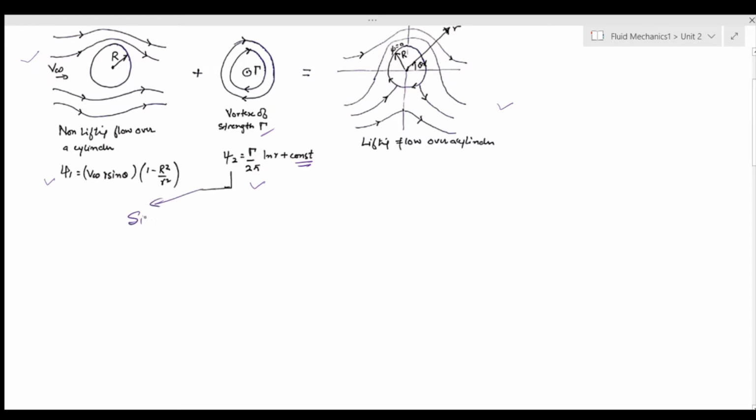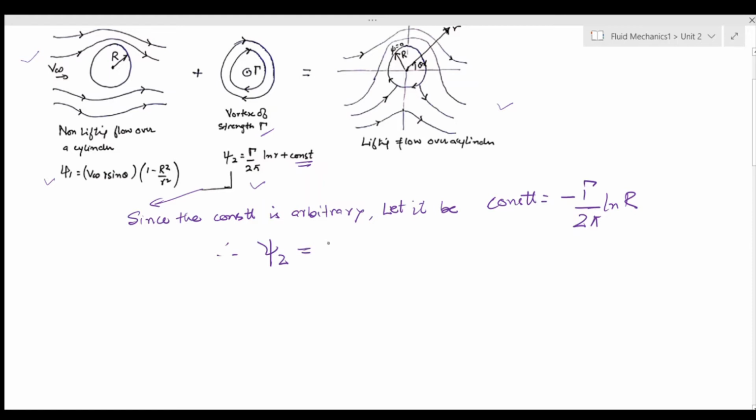Since the constant is arbitrary, meaning it can be anything, why not let it be minus gamma by 2 pi log R. So I can say that my stream function for vortex flow is circulation divided by 2 pi natural log of small r by capital R.